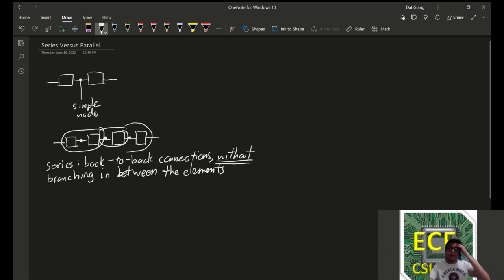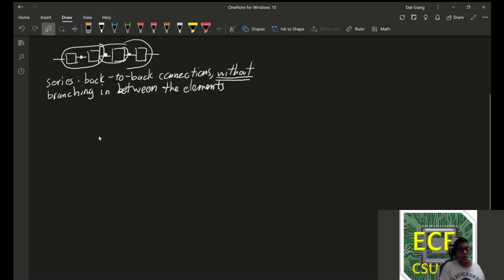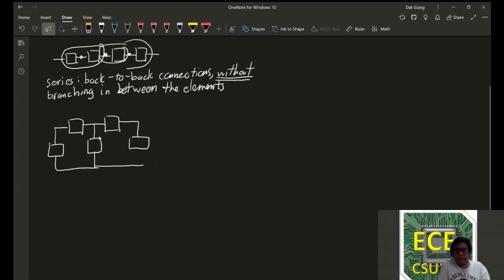So if you had to spot a series versus parallel connection, something like this, for example, and suppose that this was just the circuit. It doesn't matter what these boxes are, they're just a representation of the same thing.